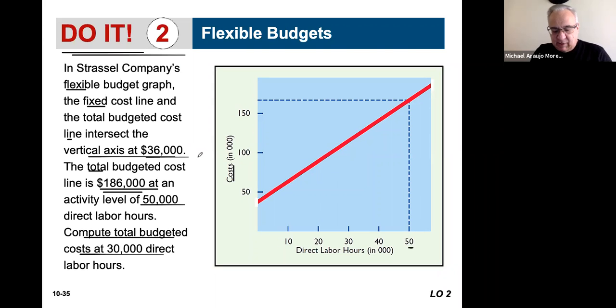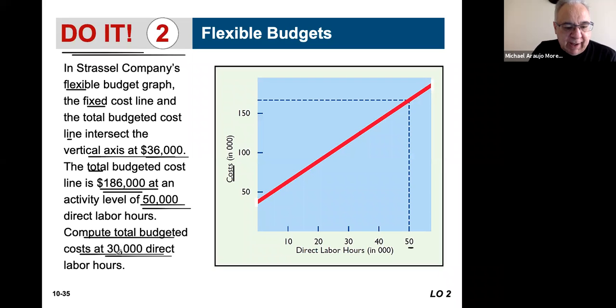The rest is all variable. So 186 minus 36 will give you, sorry, I had a plus sign instead. That's $150,000 for 50,000 hours. So that means that it's $3 an hour for variable costs.